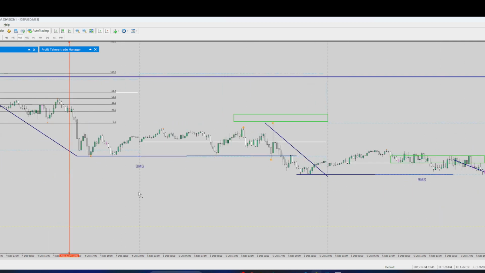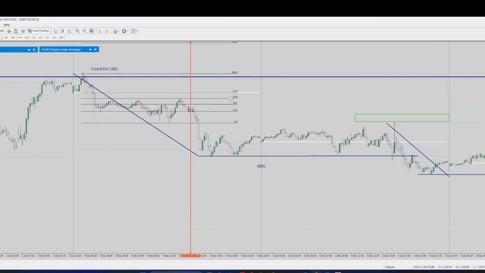Let's go back. So we can see here, now that we lowered the time to 15 minutes, right? So this is 8 o'clock, 1500, and then 9 o'clock. 1600 is 9 o'clock, which is right here. So this is obviously a trade that you could have gotten in a bit earlier if you chose to. All right.